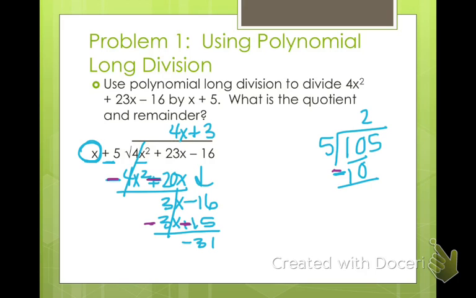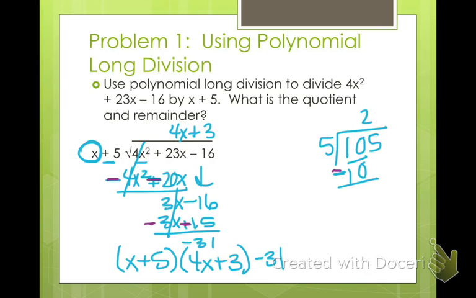So when I divide 4x squared plus 23x minus 16 by x plus 5, I get 4x plus 3 minus 31. So that means my factors, this is the exciting part, of 4x squared plus 23x minus 16 are x plus 5 and 4x plus 3 minus 31.